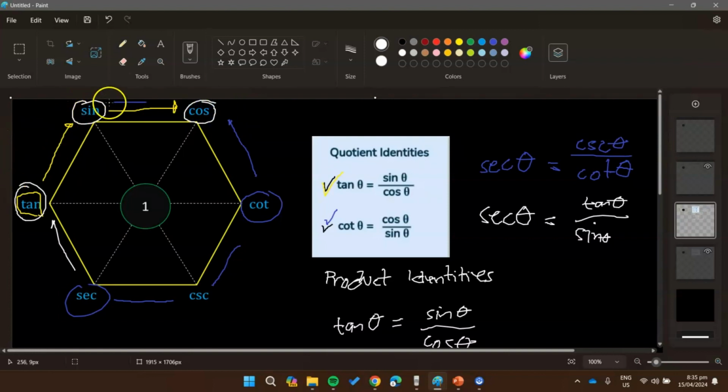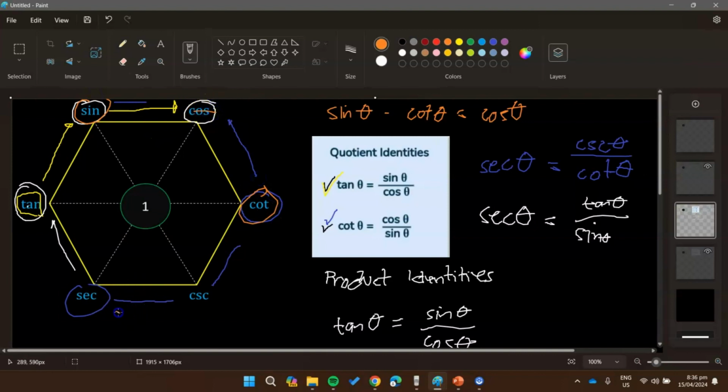So every time you are going to make use of three trig identities, you are going to multiply the ends, this tangent and cosine, and whatever is in between, that will be the product. So basically, you can actually do sine theta times cot theta. This will give you cosine theta. Alright, so sine times cot will give you cosine.